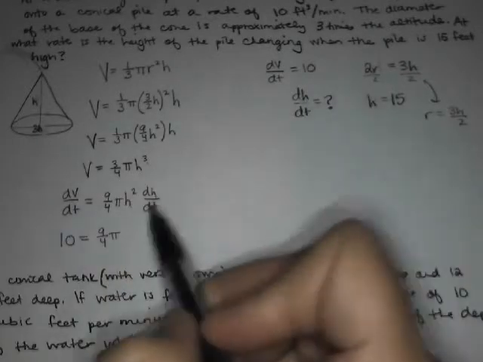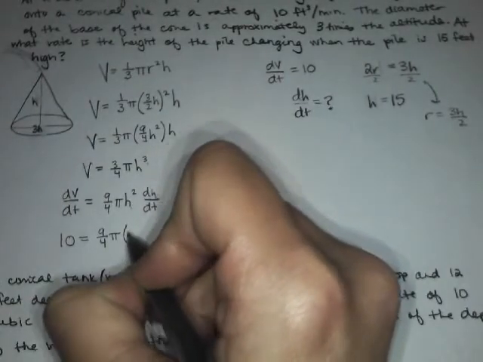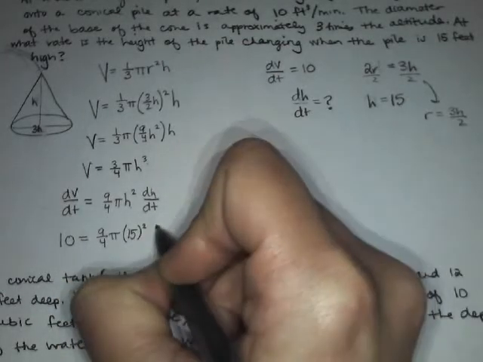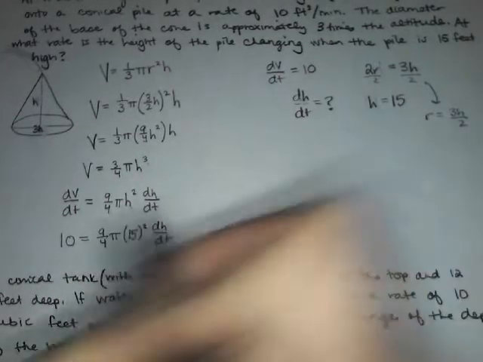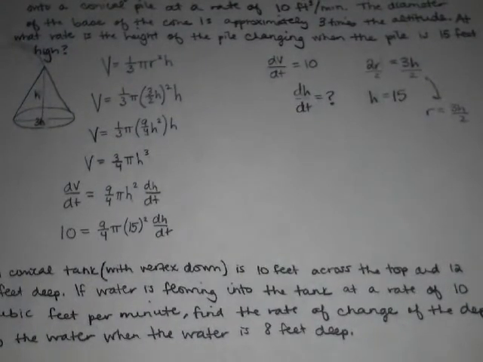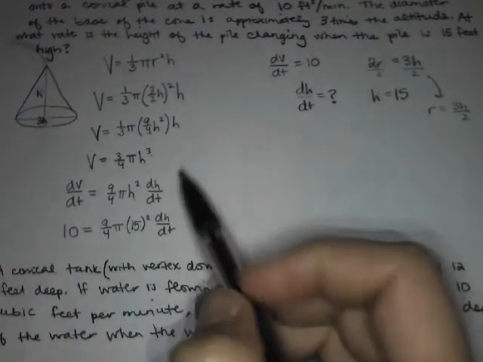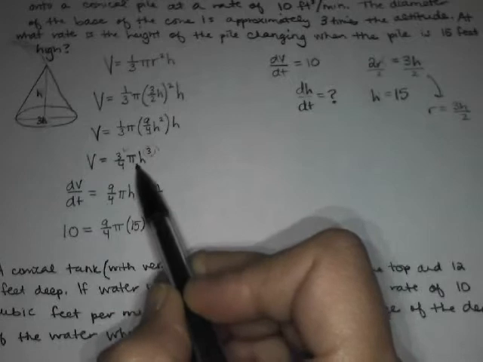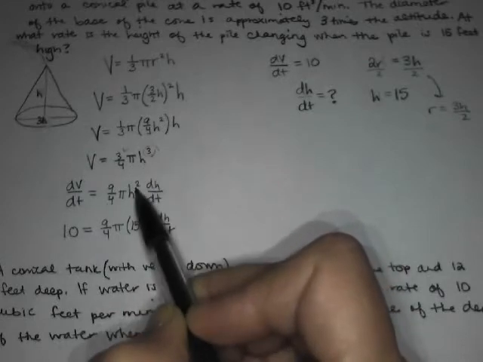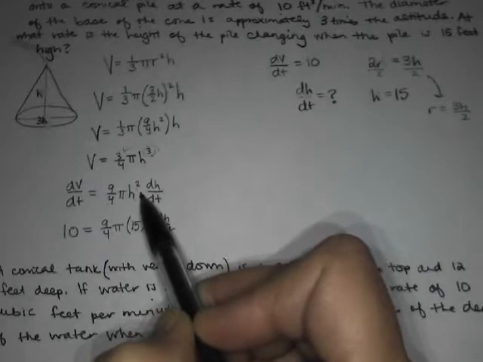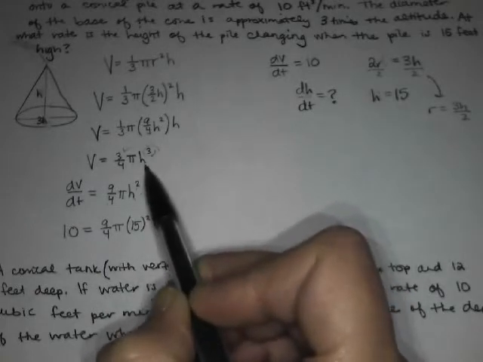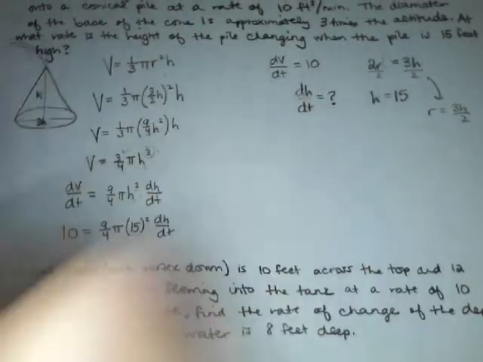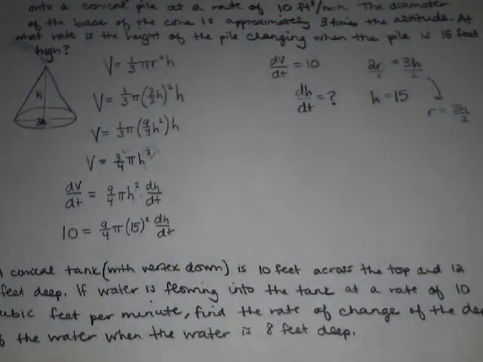Right, we're doing all of this at the moment that h is 15. And we're looking for dH/dt. I differentiated with the power rule, so I brought my 3 out in front, made it 9/4, and then the pi h cubed dropped to an h squared. Oh, so it wasn't a product? It was not a product rule because there's only one variable there. It would have been a product rule if I had kept that r there, which for that reason also would have not been pretty, on top of the fact that we don't know dr/dt or anything about r.